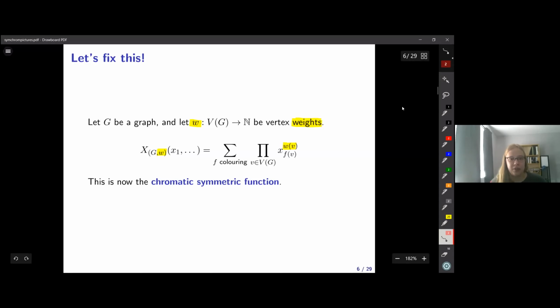And then instead of counting how many vertices are colored with a given color, we count the total weight. So for each vertex, we take x sub its color to the power of its weight. And this makes sense, and it fixes the previous thing.